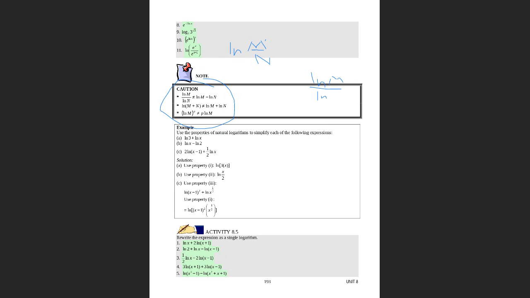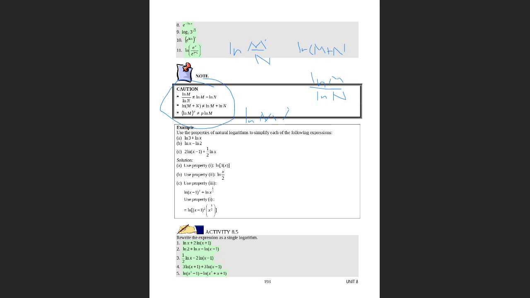They are two very different things. It is a common mistake that most of you make. Then ln of m plus n, some of you, when you see ln of m plus n, you just say that it's the same as ln m plus ln n. No, it's not true. It's not the same. It is only when it is ln mn that it is the same as ln m plus ln n. So you must also take note of that.